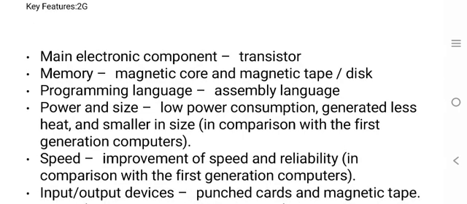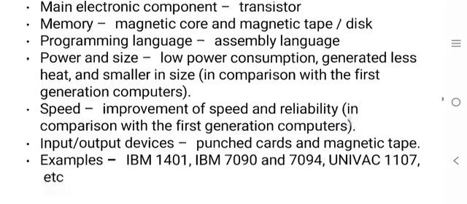These are the main features of the second generation. The main components are transistors, magnetic cores, and magnetic tape and disk as memory for data storage. Assembly language is used here, and it required low power consumption and generated less heat compared to the first generation.